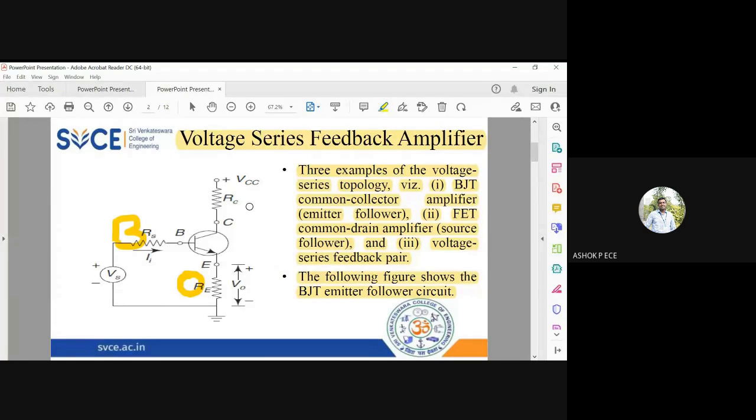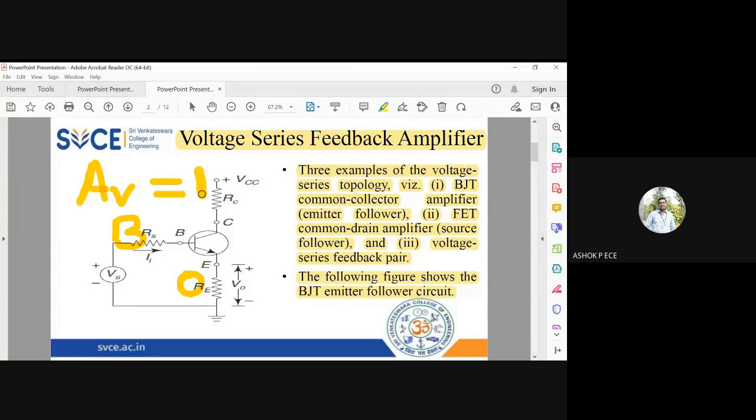So usually for any amplifier, we will be using common emitter configuration and output from the collector, right? But here, since the example is common collector or emitter follower, you should take output only from the emitter. Then the unique property of the emitter follower is that voltage gain is unity. There is no voltage gain provided by this amplifier.